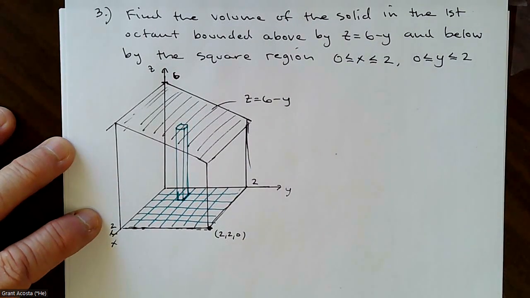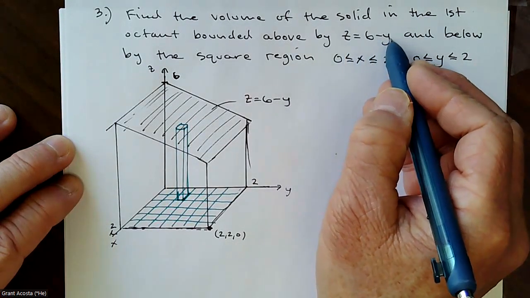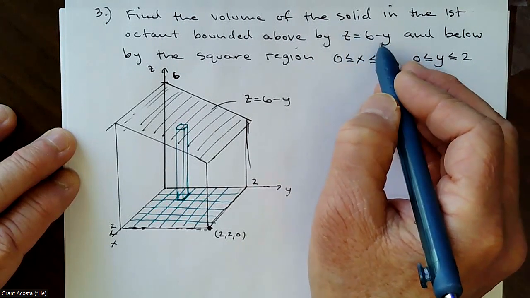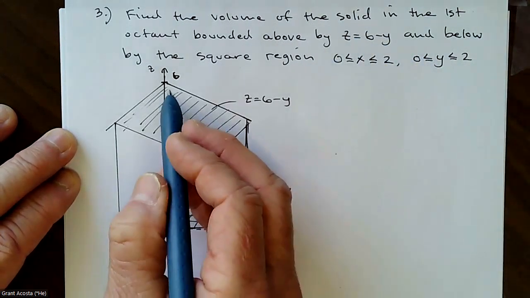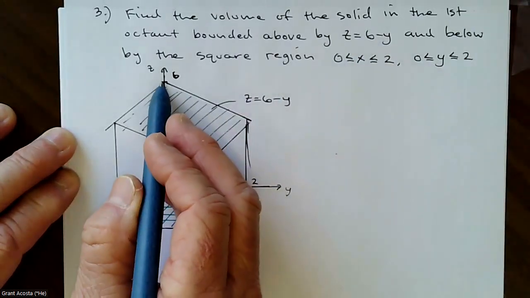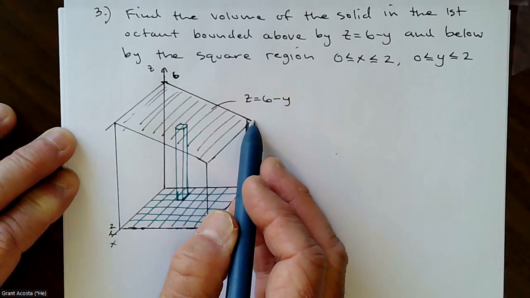But let's remember how we graph things in 3D. Z equals 6 minus y only has 2 variables, and you can think of that as a linear function in the YZ plane. That would be like a line with a z-intercept of 6 and a slope of -1. So that's this line right here. I started to draw it. It's going down.